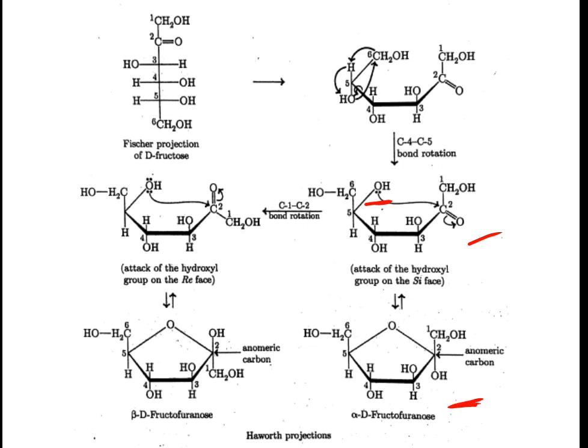And if this 2,3 bond rotates, you will get actually this structure where the C=O is in the upside. So if now the oxygen attacks the carbon, the OH will be in the upside. So in this case you will get the beta-D-fructofuranose.